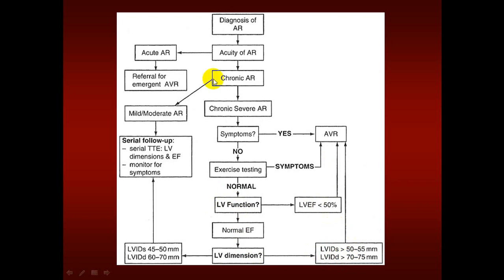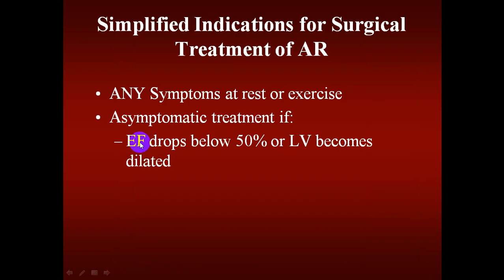In chronic mild to moderate cases, if measurements reach these values, do surgery. If the left ventricular end-diastolic dimension is 45 to 50 or 60 to 70, continue follow-up on medical treatment.